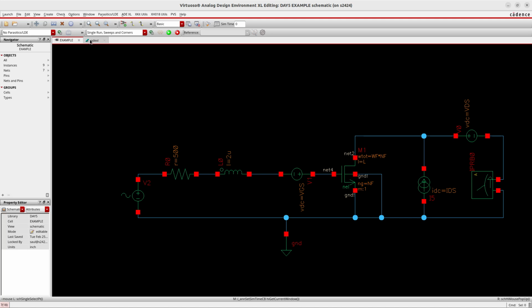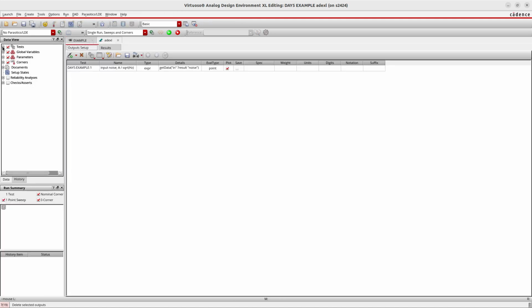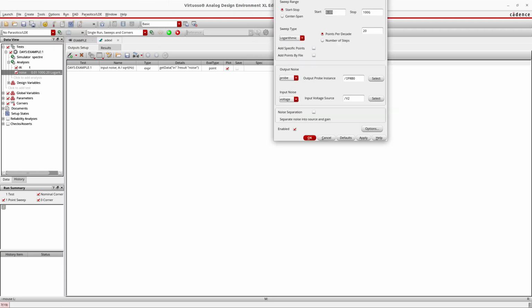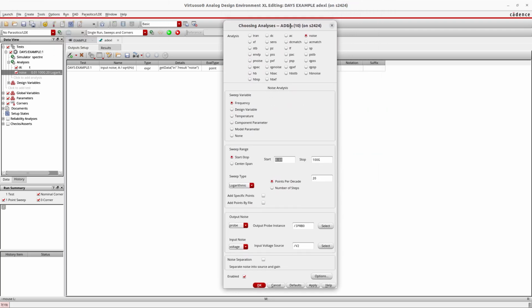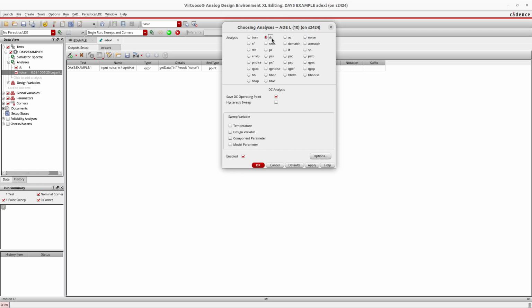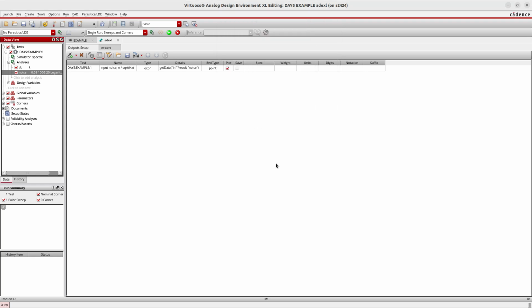And then what I do is I just run a DC operating point and a noise simulation, and basically it's the same noise setup that we ran before. For the DC, I am just running an operating point and saving the operating point. So very quickly, let's run the simulation.